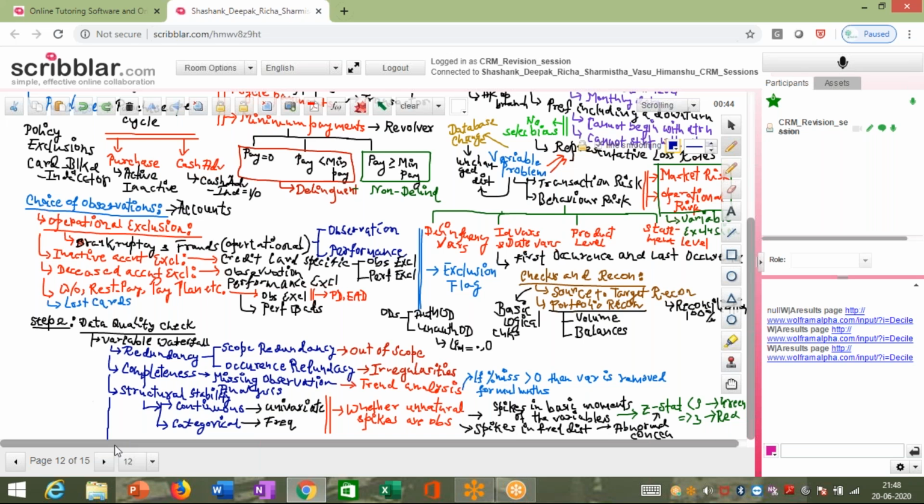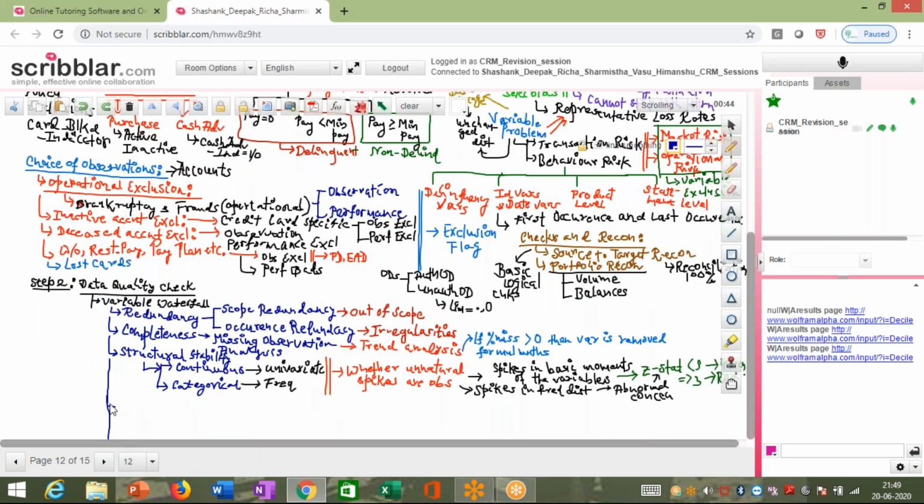The next part that we talk about over here is the informative capability of the variable. So how do you assess the informative capability of a variable, guys? How do we do that?